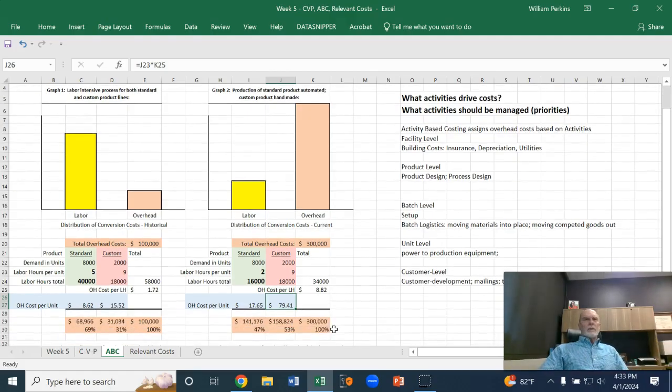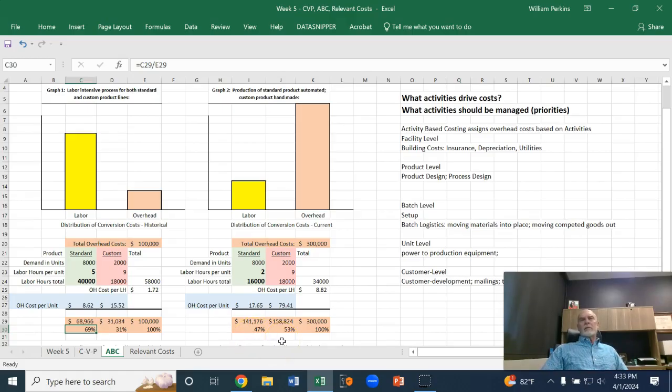And in total, if you go through this allocated out under the old way, 31% of the overhead costs got assigned to the custom product, almost 70% got assigned to the standard, and that would make sense. The standard items were taking up a lot more time in there.